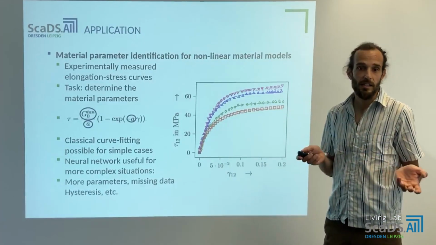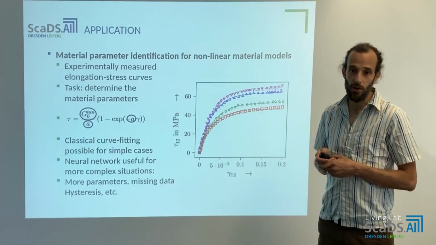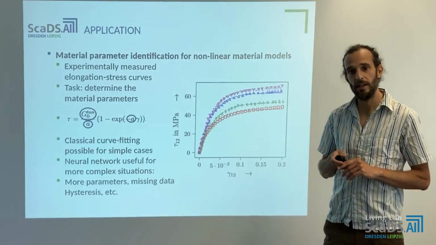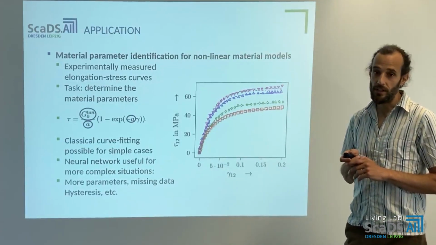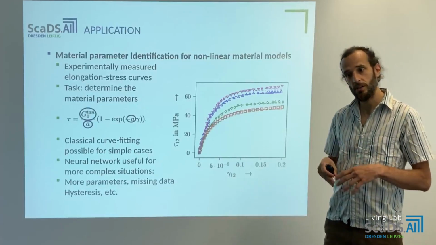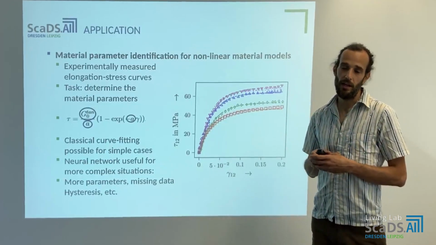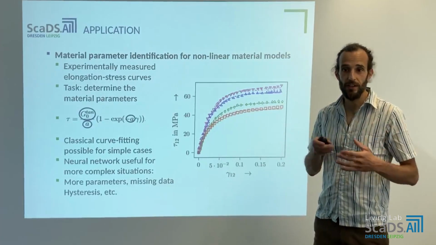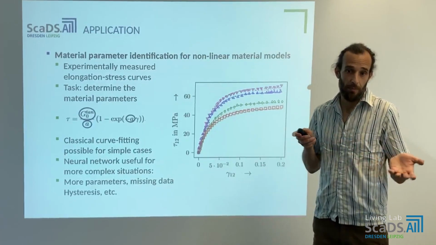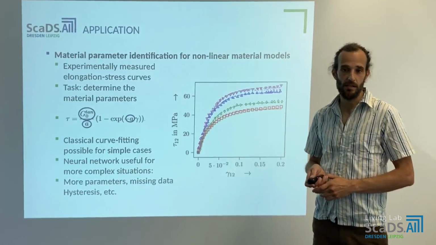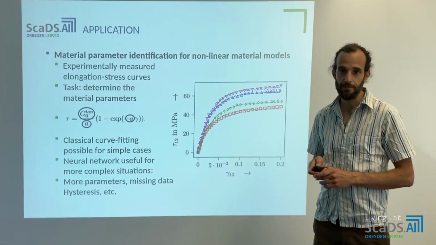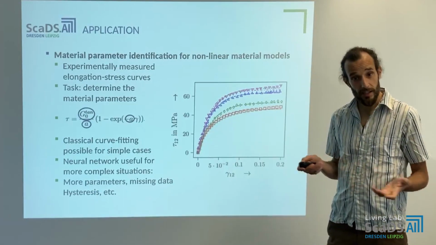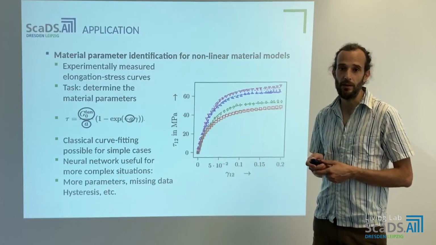And normally such a thing is done by a normal curve fitting, but our colleague Johannes wanted to use neural networks because later on he will also handle more difficult problems with up to 20 material parameters, which is too much for curve fitting. So Johannes has created a neural network.